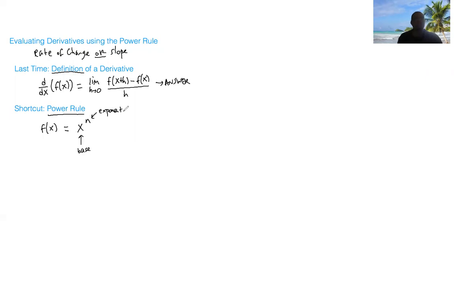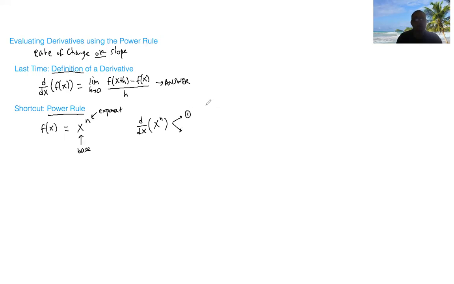If I want to find the derivative with respect to x of my function x raised to the n, I'm going to do this in 2 steps, all right?